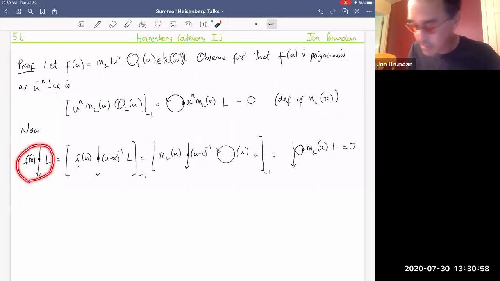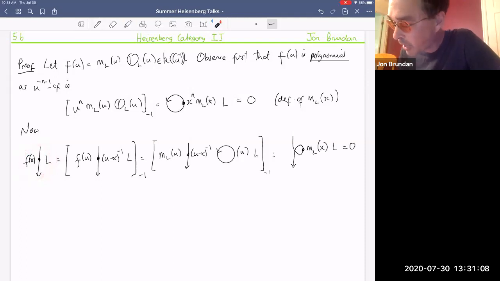It now makes sense to look at a downstrand labeled by f of x dots. It wouldn't have made sense until we knew that f was a polynomial. Well, by our basic trick, the downstrand labeled by f of x dots, that's this expression. And now I'm just expanding the definition of f of u. f of u is ml of u times bubble of u.